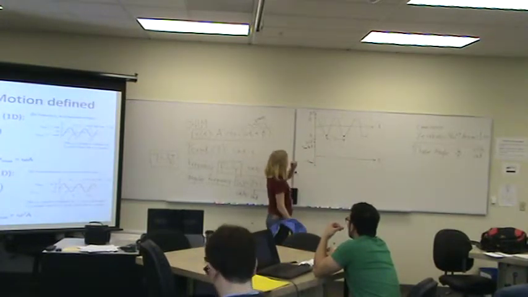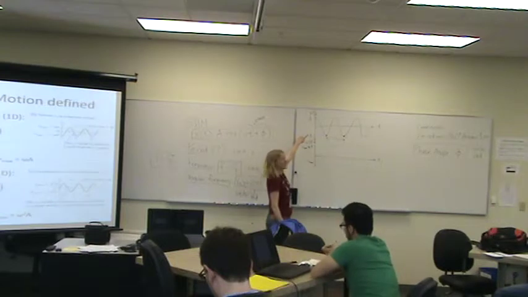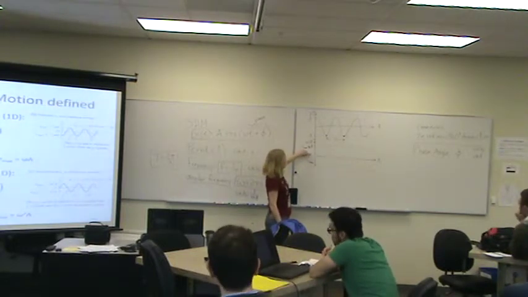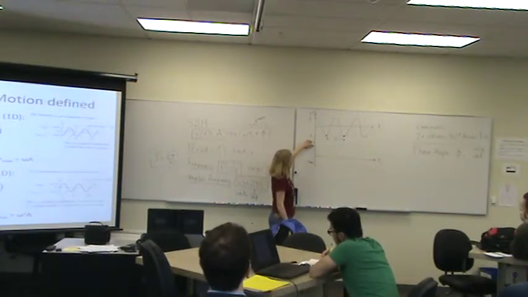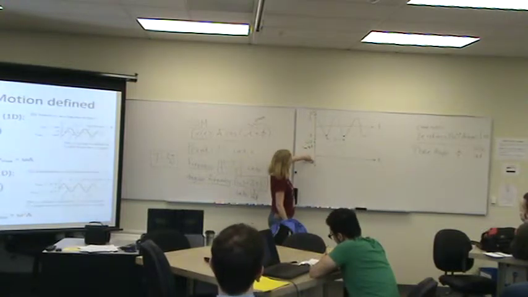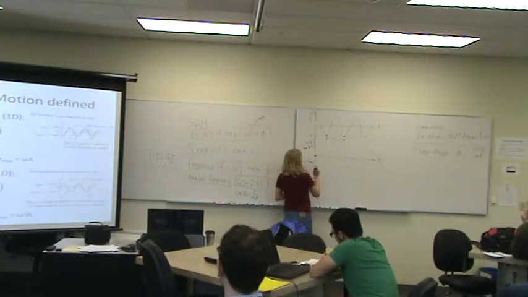So where are we going to start drawing a negative sine function: at the peak, at the origin, or at the trough? Origin. And am I going up or down?